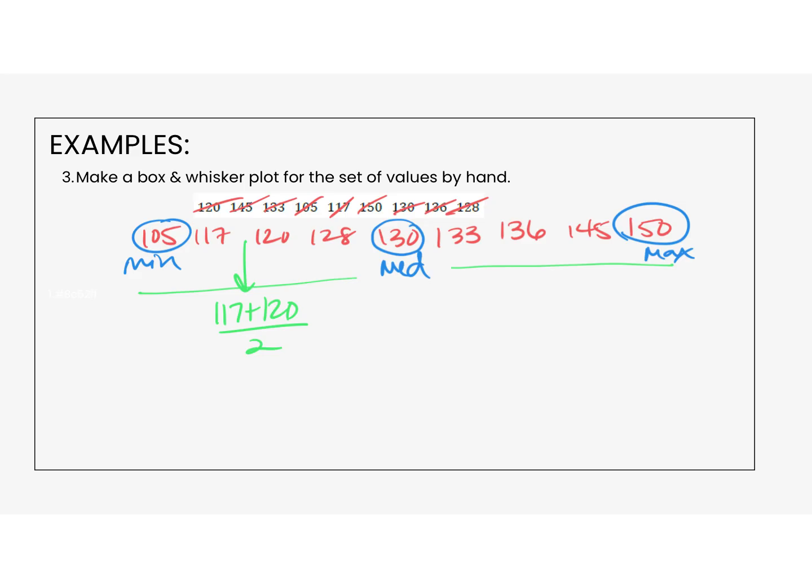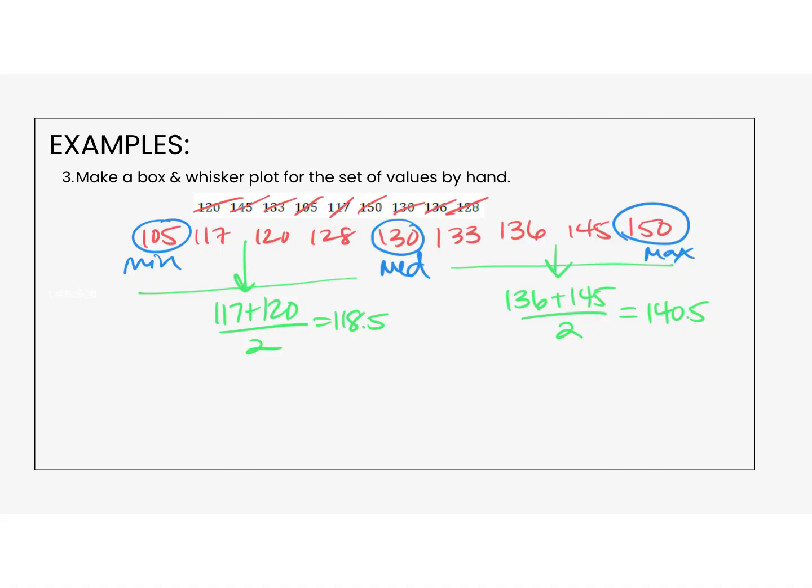So 117 plus 120 divided by 2 is 118.5. I'm going to do the same thing with my upper half, 136 and 145. I'm going to average those 2 as well to find my third quartile, which would be 140.5.